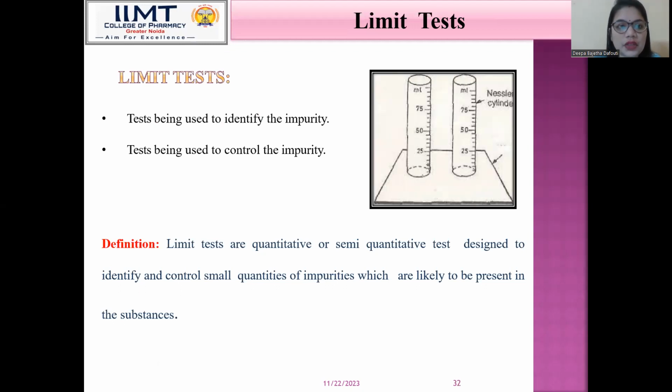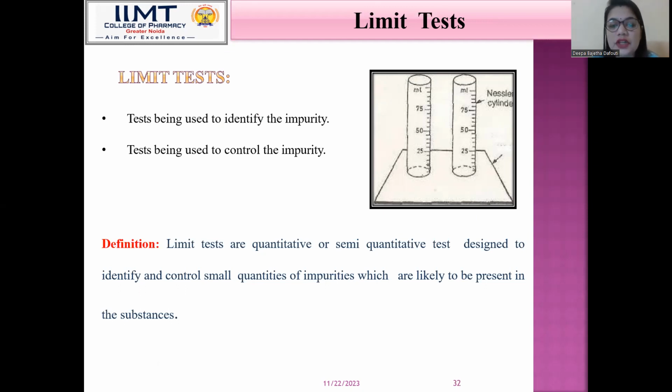So limit test. Limit test is used to identify and control the small quantities of impurities which are present in the pharmaceutical substances. So limit test is a test being used to identify the impurity.